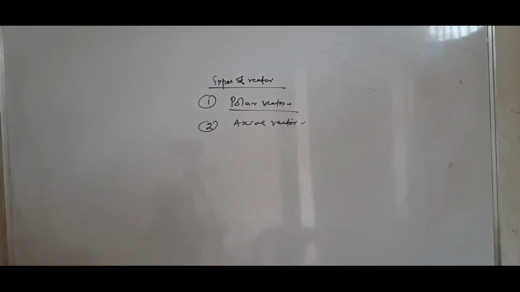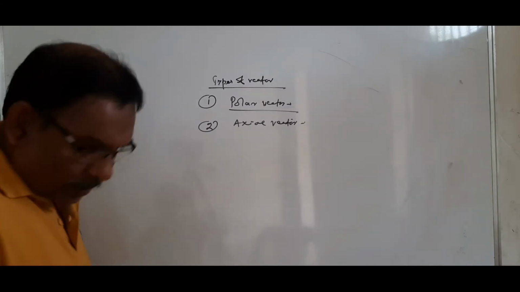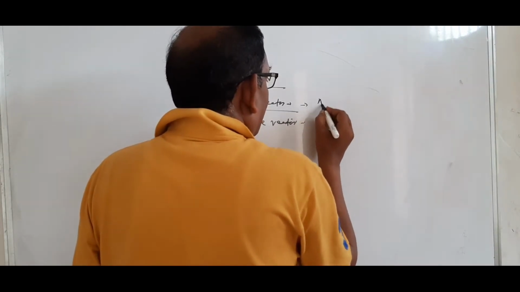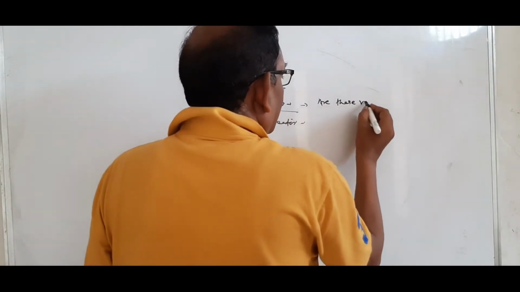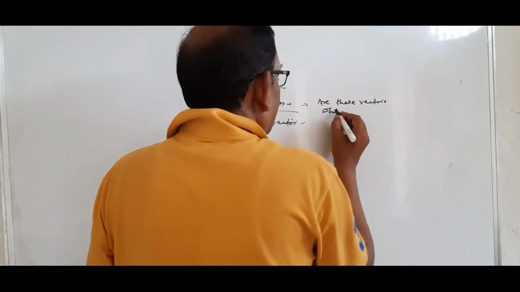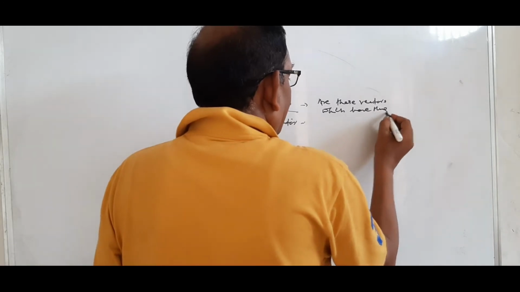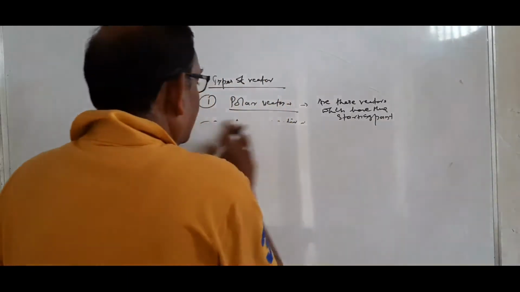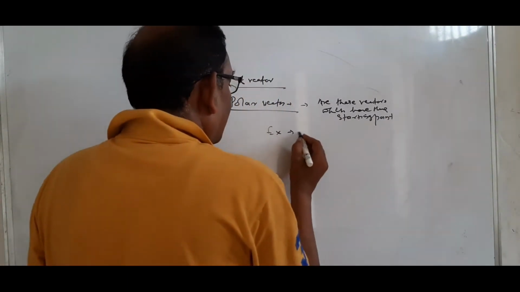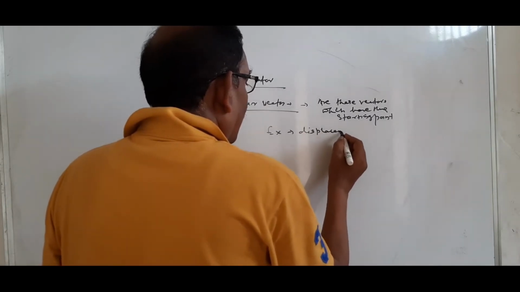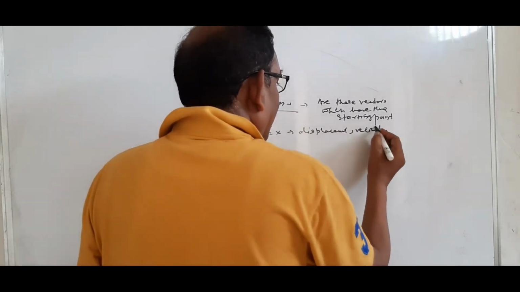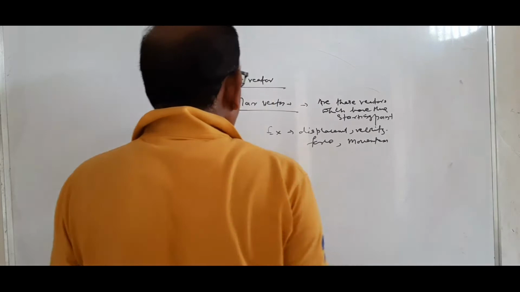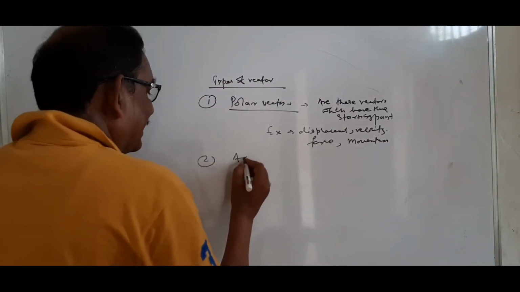Polar vectors are those vectors which have the starting point or the point of application. Examples: displacement, velocity, force, momentum.